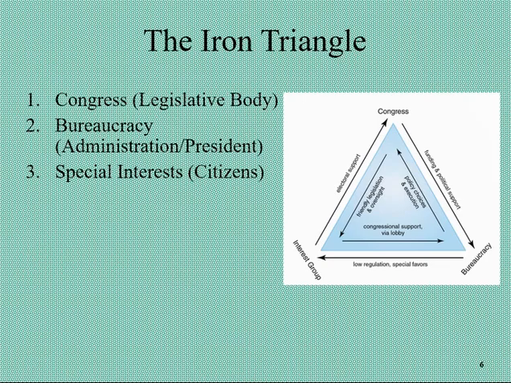But essentially from this particular slide, I want you to know that the 3 sides of the iron triangle are, as you see here, the legislative, the Congress, the bureaucracy, which is the administration and the president, and also special interests, the citizens.